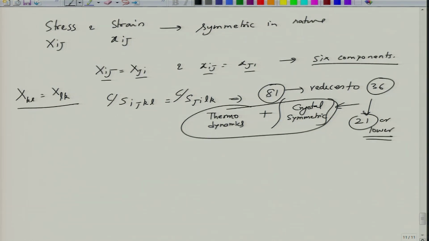So, we are fortunate that from 81 we get down to 21 or even lower components, and the symmetric crystals which we generally deal with have even lower numbers of components. So, it makes life easier. This is tensor notation for elastic properties. Now, we do not look into plastic properties because dielectric materials are ceramic materials, and as a result they do not have plastic deformation. So, we mostly deal with the elastic properties in these materials.